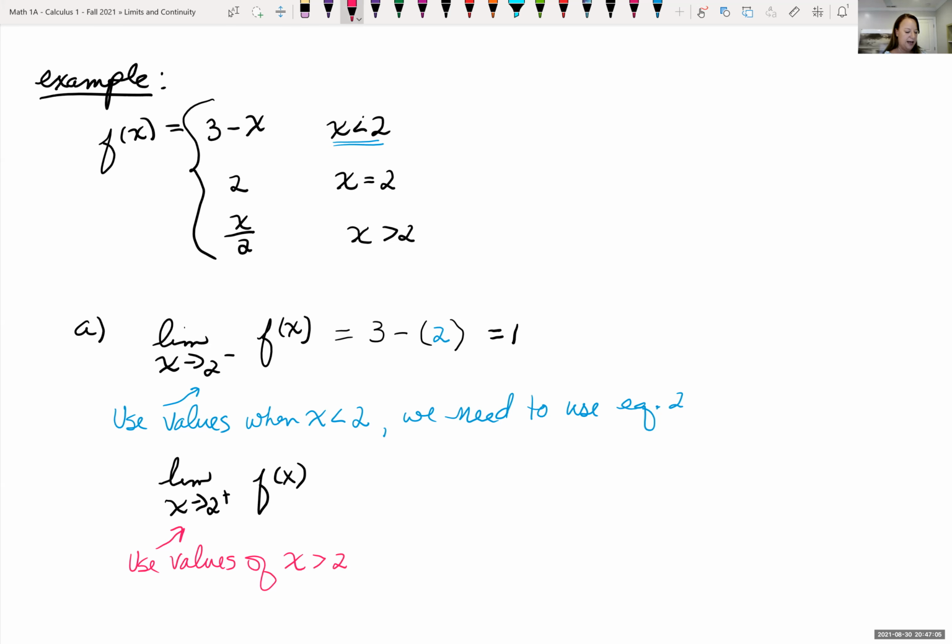And so notice that tells me values of x greater than 2 that I want to use this third equation. And so I'm going to go in here and I'm going to do direct substitution, but I'm using the third equation. So parentheses wherever I see an x. And let's go in there and replace inside that parentheses where x would have been a 2. So looking at this, this tells me the limit as x approaches 2 from the right-hand side. Without even looking at the graph, I get back also 1.